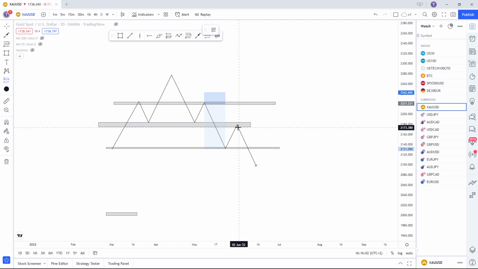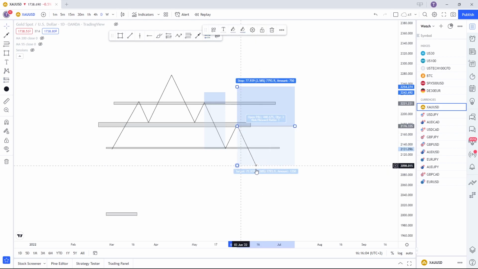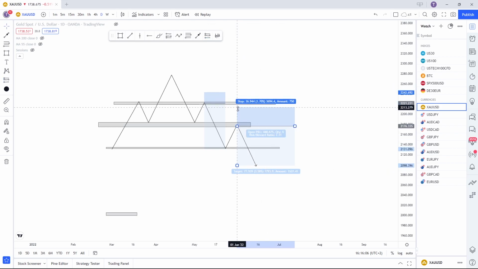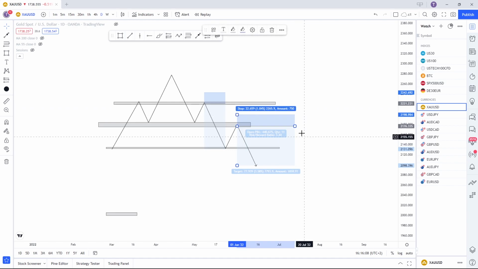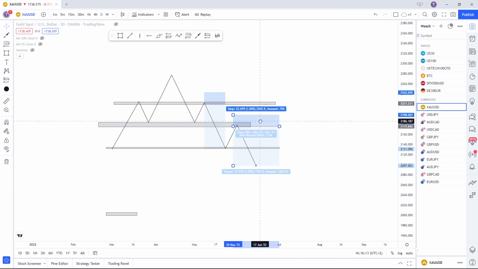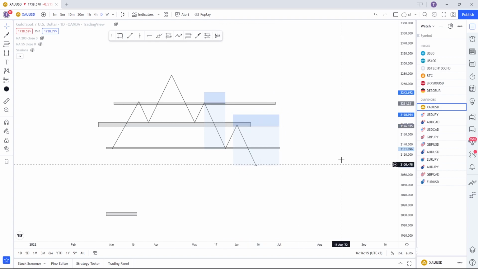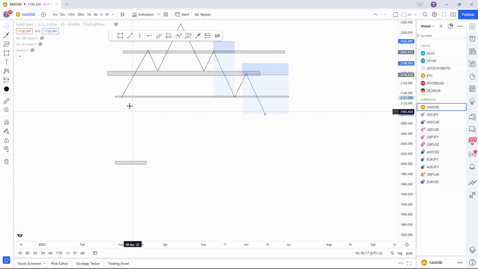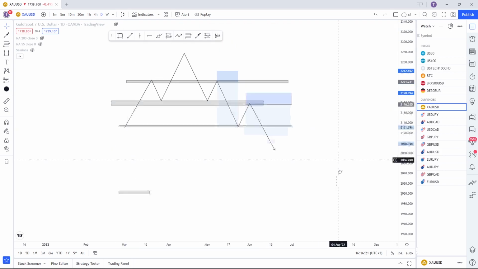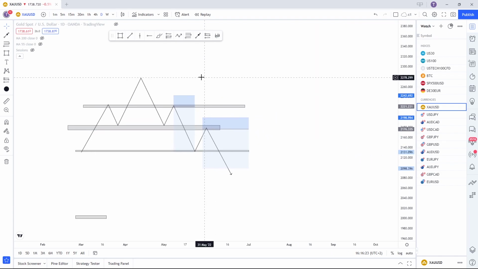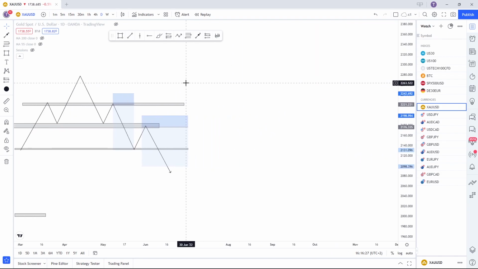You can actually enter a trade right here. So yeah, this is a heads and shoulders pattern.